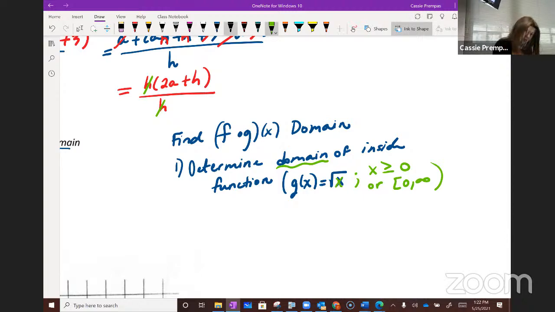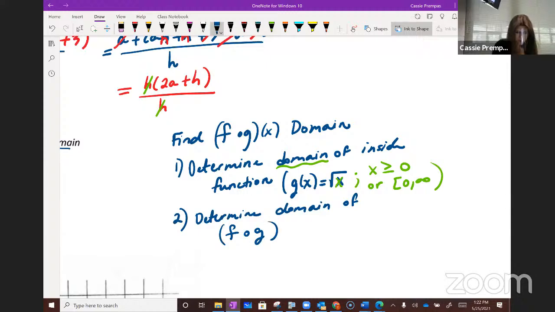Step 2 is you determine the resulting domain. So I'm going to have to determine the domain of f of g of x. Now I actually have to perform this operation and determine what is f of g of x.